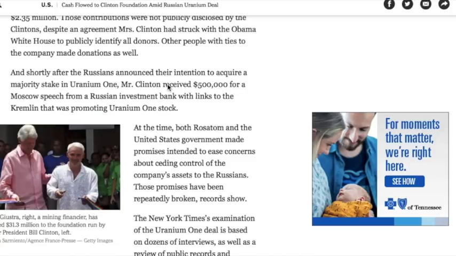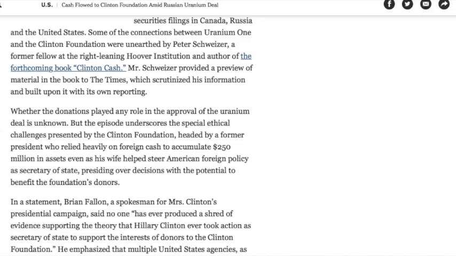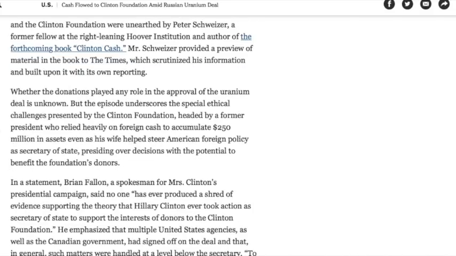So what Hillary has done here was try to set up this deal where they could sell off the U.S. rights to a uranium mine in Kazakhstan to a Russian company. Okay, so this was covered in this book, Clinton Cash, which I think Breitbart has for sale.